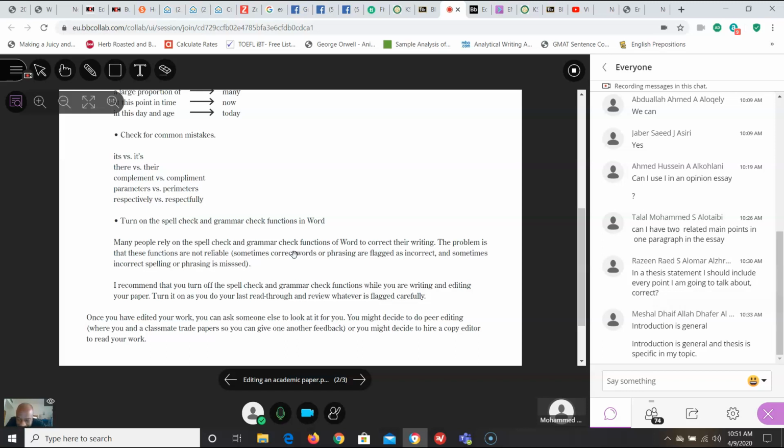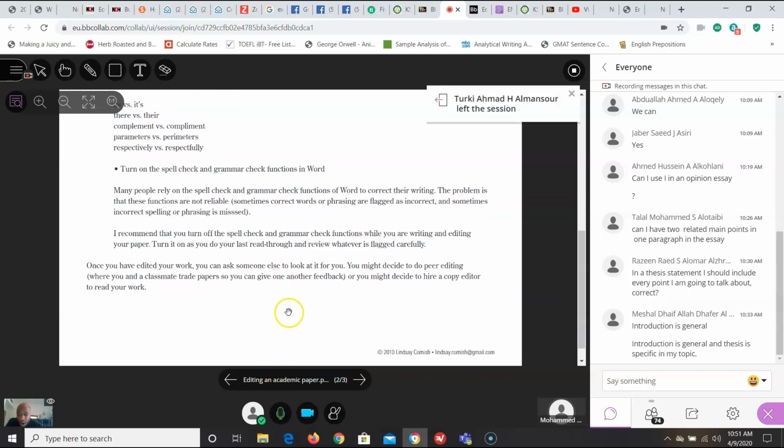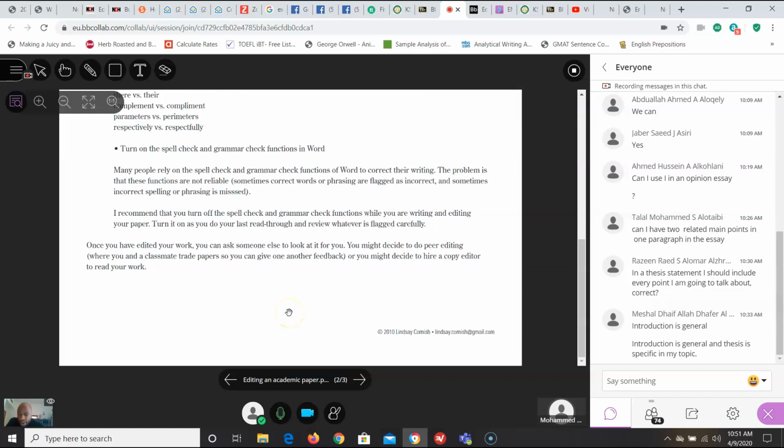So any suggestion that Grammarly makes, make sure you review that suggestion before you make the changes, because it may alter your meaning, or it may just be wrong. I've noticed that Grammarly likes to put commas in front of clauses whether the clause is restrictive or non-restrictive. So you want to just check for that.